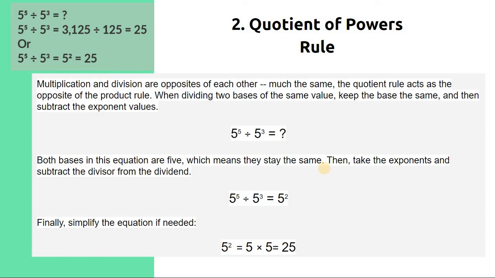When dividing two bases of the same value, you keep the base the same, similar to our rule earlier, and then subtract the exponent values. Remember, earlier you added the exponents. Here, you are going to subtract.